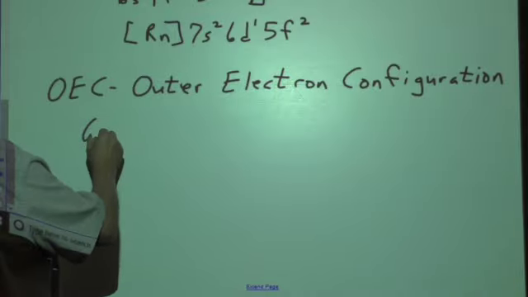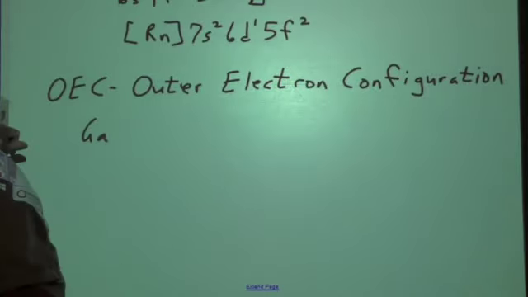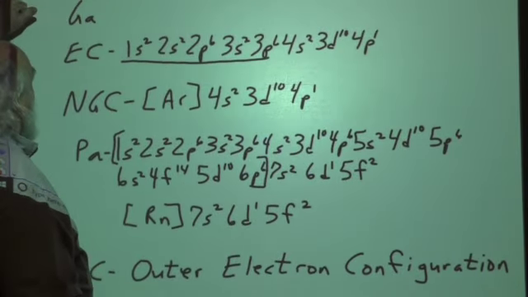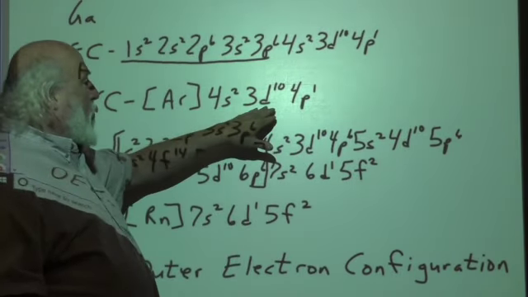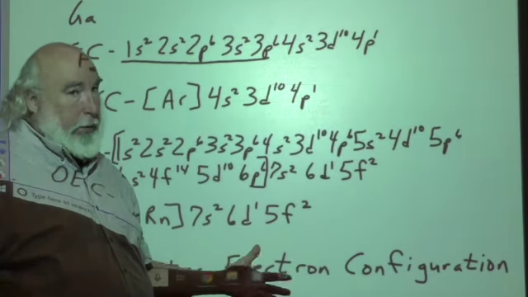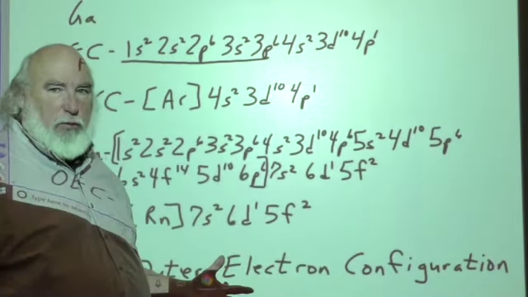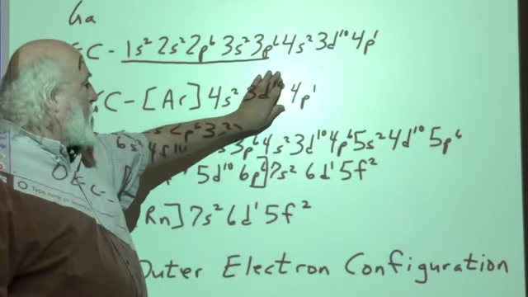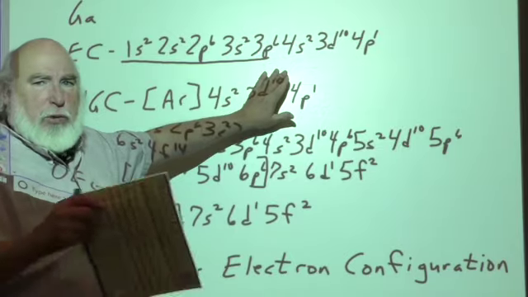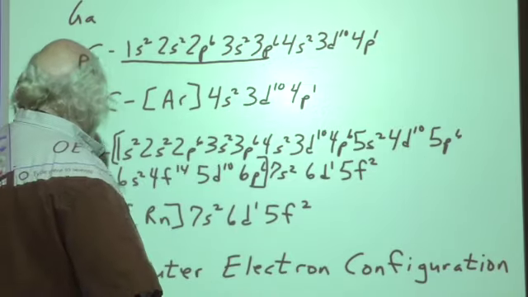So let's take a look at gallium. Let's go to the NGC for that, because we don't need all that other stuff. So right here, 4s2, 3d10, 4p1. Well, what's the highest level then? If you know your numbers, it's 4. So we ignore the 3d10 and we look at 4s2, 4p1 as the electron configuration in the outermost level.